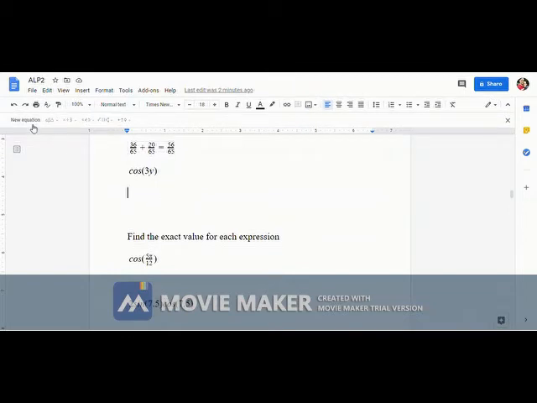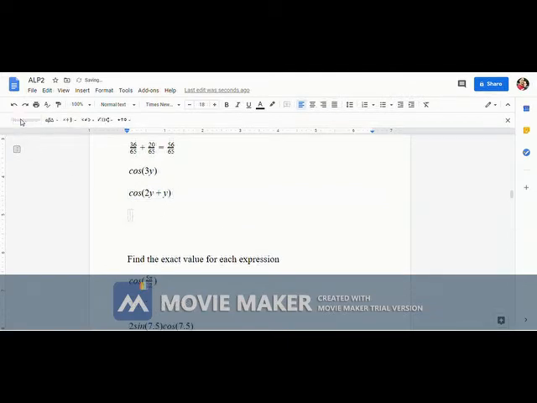Alright, now we have this last expression here before we move down onto these. We have cosine 3y. So when we see this, we are able to rewrite this as cosine of 2y plus y. Now we can use a double angle identity and a sum identity to get the solution here.